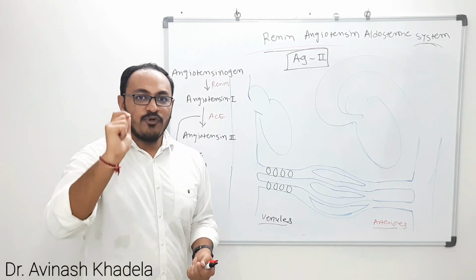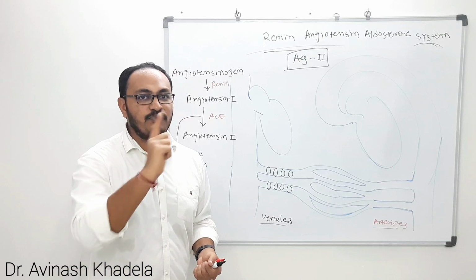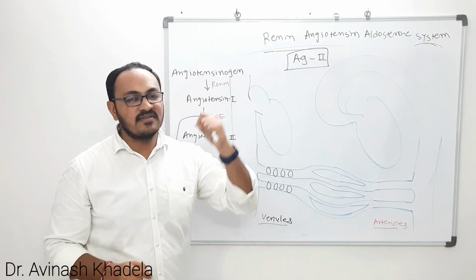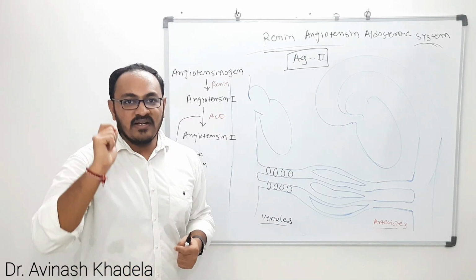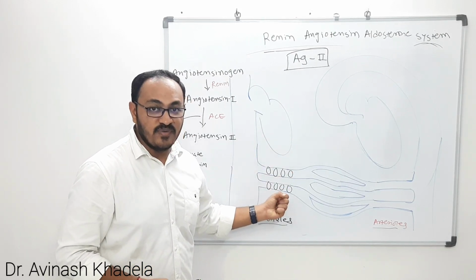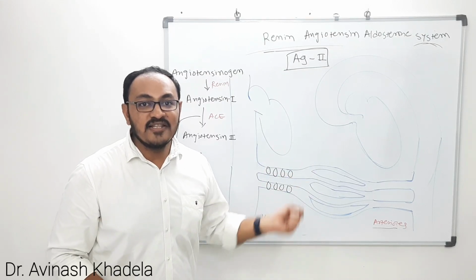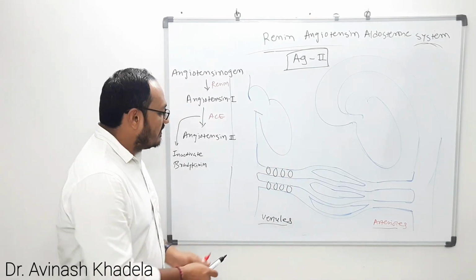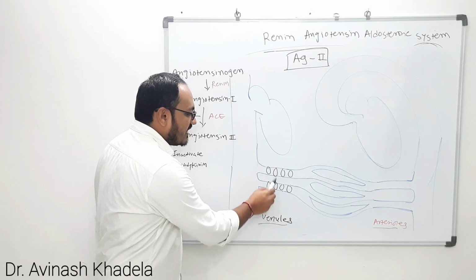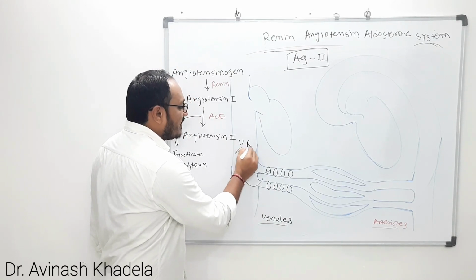Now, if you remember the factors affecting blood pressure, which we had discussed in the previous video, with the link given here, you can understand that when there is venous constriction, there will be an increase in the venous return.